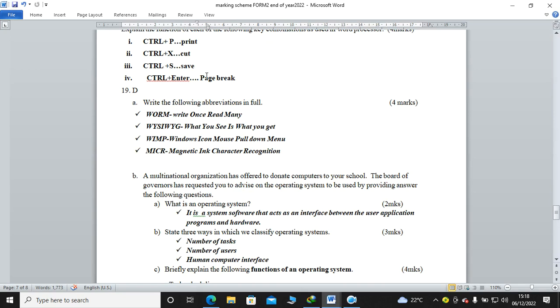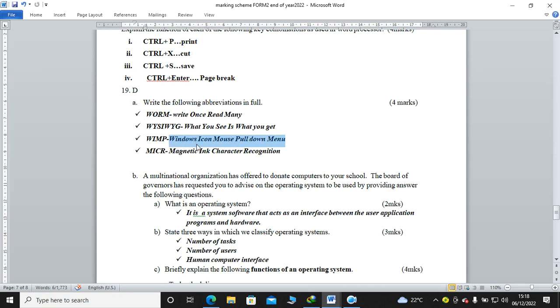Then from there we have the next question. Sorry, we have WIMP, Windows, icons, mouse, pull down menu. Okay, this one is mispressed.